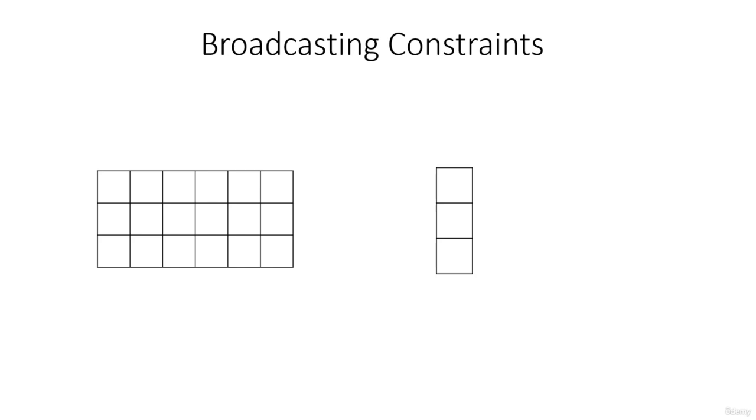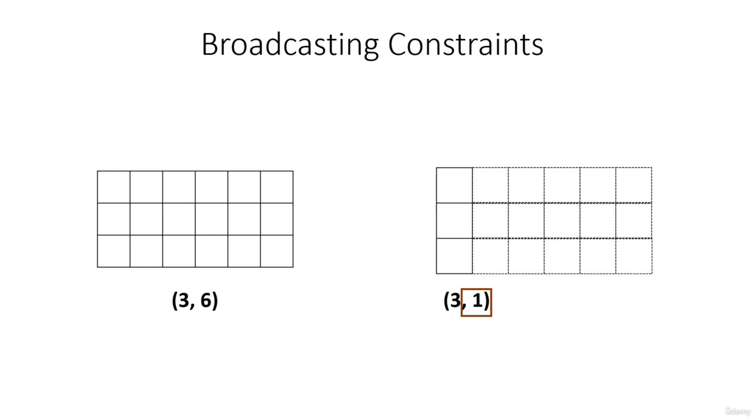The first array has a shape of 3 by 6. The second array has a shape of 3 by 1. Let's start off by looking at these dimensions in the reverse order. The last dimension of the smaller array is 1, and the remaining dimensions of the smaller array perfectly match the larger array, which means the smaller array can be broadcast over the large one for arithmetic operations.